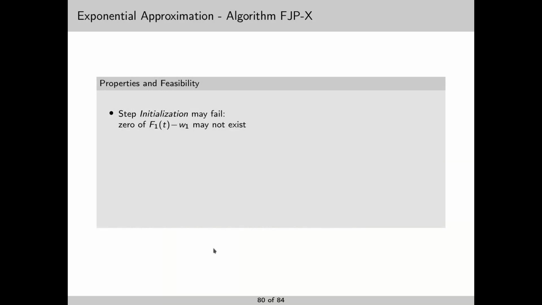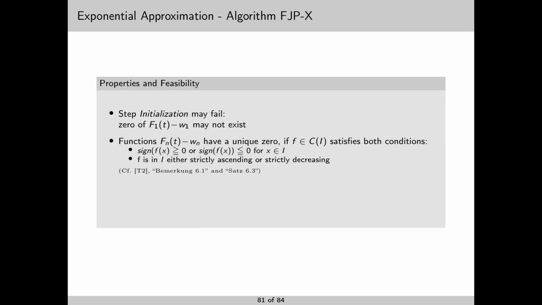As already noted, initialization may fail. A 0 of function capital F1 minus W1 may not exist. But the functions capital Fn minus Wn have a 0, and this then is even a unique one if function f satisfies these two conditions.